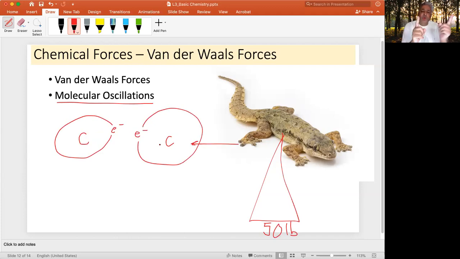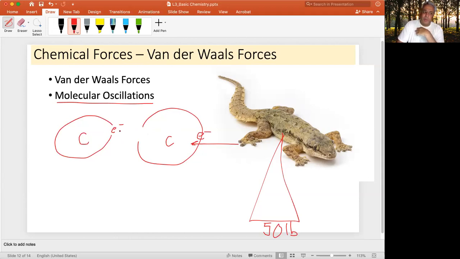If the two electrons, the one from the ceiling and the one from the foot of the gecko, can be made to oscillate in synchrony, then at one point in time, this is very important, you will have the electrons of this ceiling atom facing this way, and the electron of the gecko's foot atom facing that way.